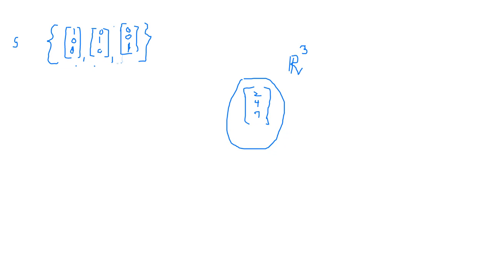The span of that collection of vectors is equal to R3. And those vectors, by the way, are also linearly independent.